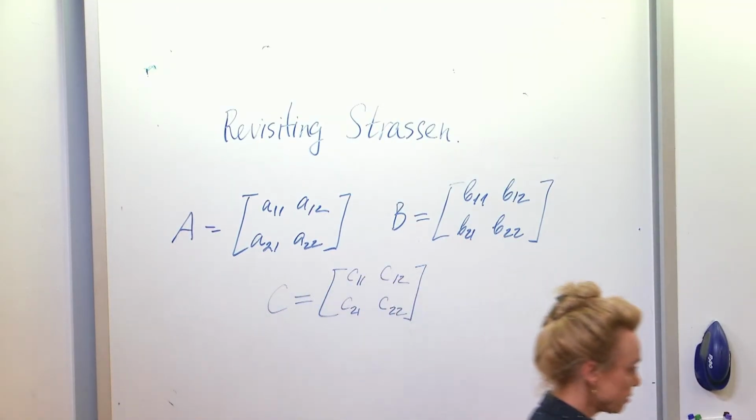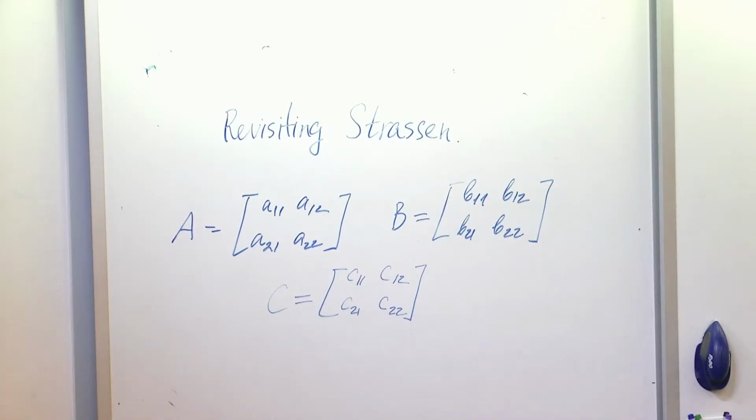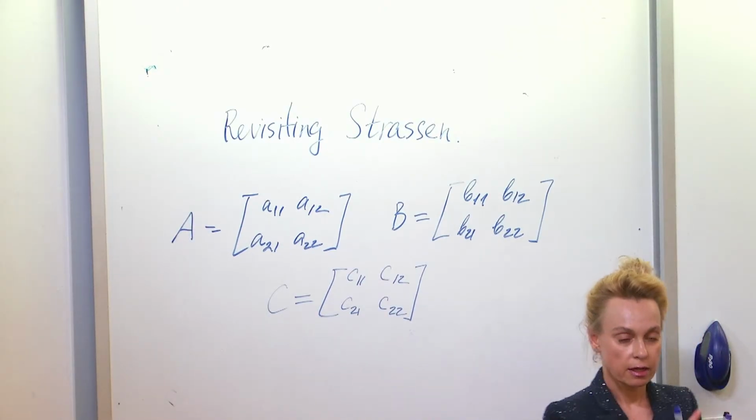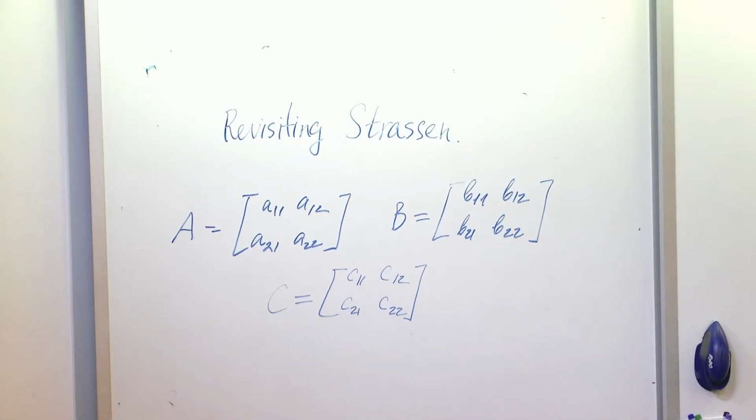And Strassen, after some divine revelation, or probably working his butt off, I suppose, got to 7 multiplications instead of the expected 8. So first a word about the classical multiplication. If you start multiplying matrices the way everybody is taught initially, you will have to commit to 8 scalar multiplications.